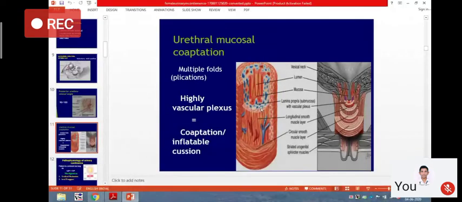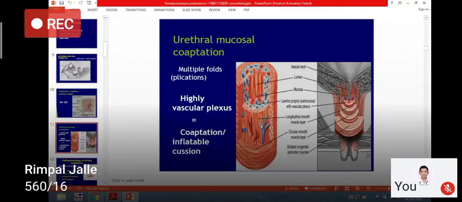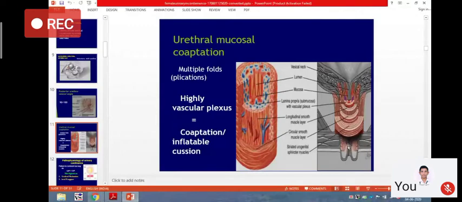And then there is the submucosa, which consists of a vascular plexus. Then the longitudinal smooth muscle layer, then the circular smooth muscle layer, then the striated sphincter muscles.